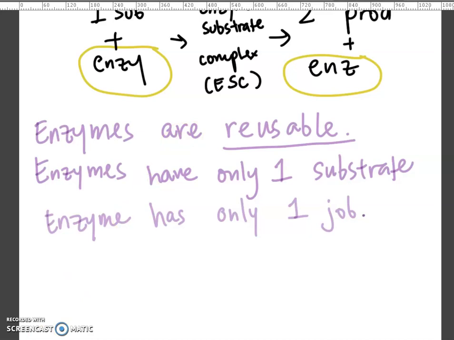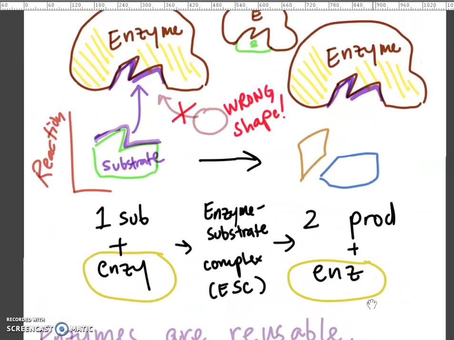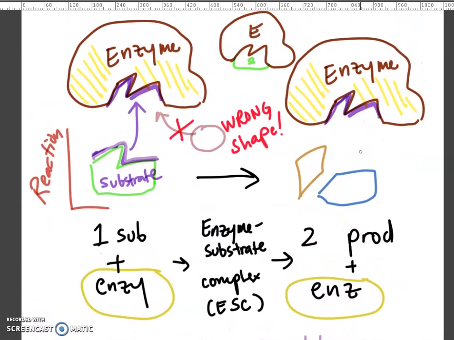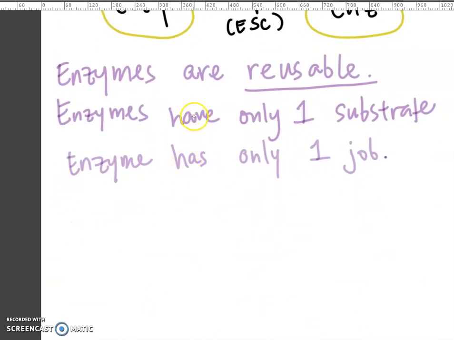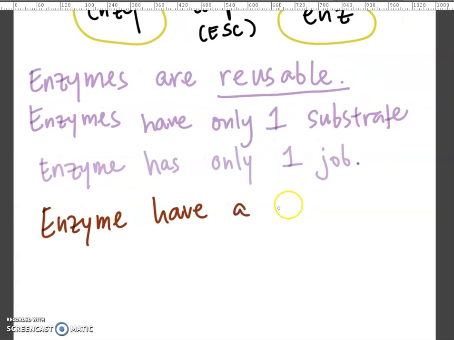Okay, another thing about enzymes is that because they are so dependent on the shape, because shape is so important to the enzymes, if they lose their shape, then they lose their job. So that means enzymes also have an optimal condition, an optimal environment.